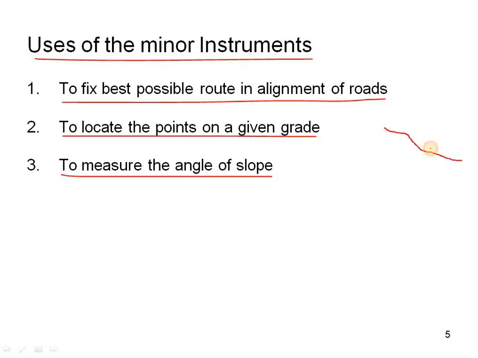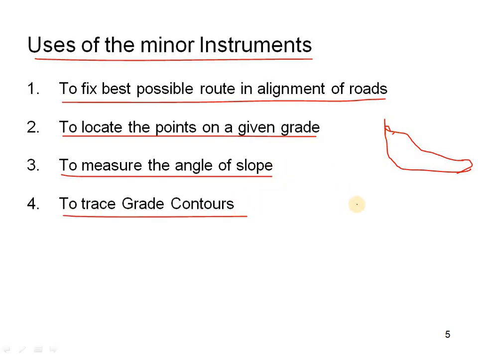Just like this, if there is a slope, if there is a sloping road, we can measure this angle also, how much angle there is. And to trace grade contours. The contour maps are there, so we can trace how much the level was, the difference between the ground levels.